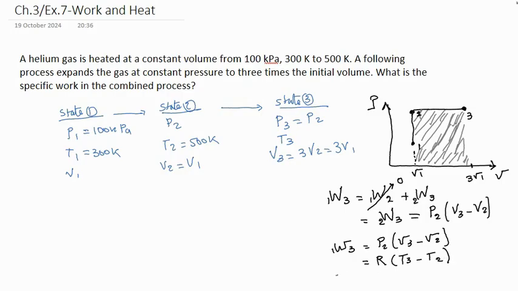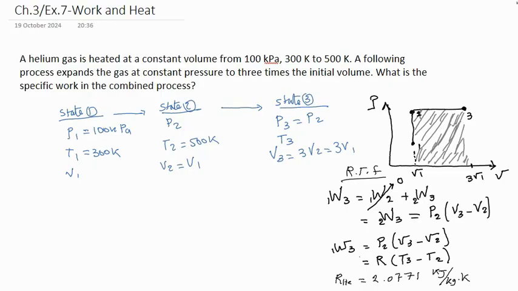So here we will take R for helium as 2.0771 kilojoule per kilogram Kelvin.